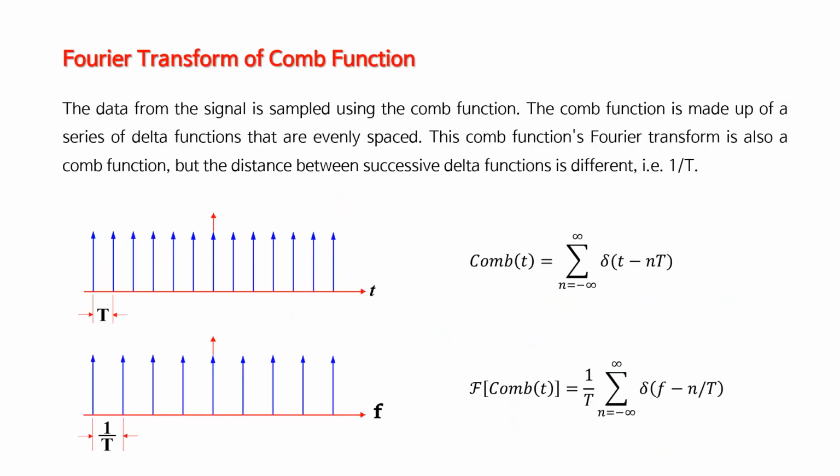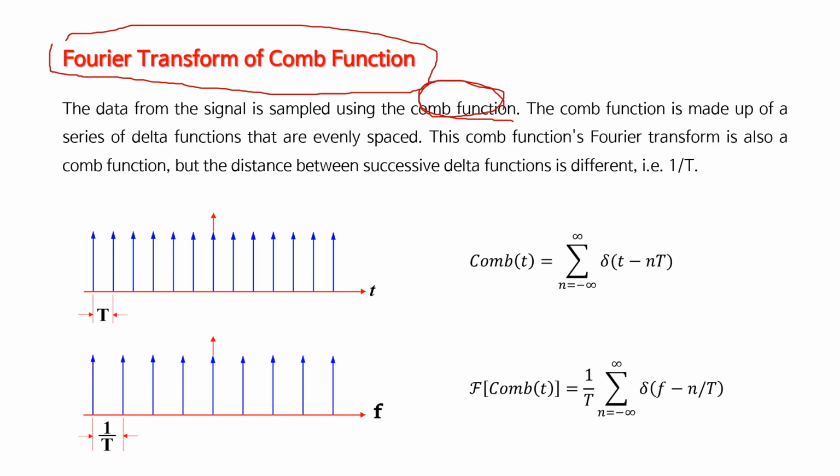Now let's see the Fourier transform of the Coulomb (comb) function. The data from the signal is sampled using the comb function. The comb function is made up of a series of evenly spaced delta functions.